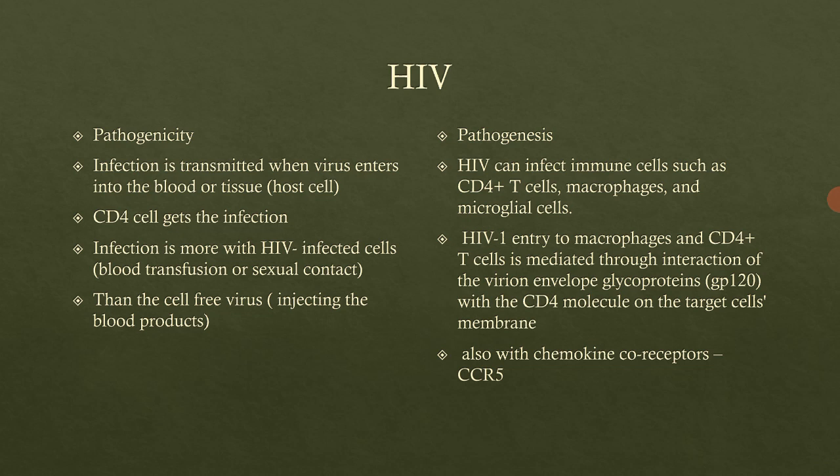Okay, so we will see the pathogenesis of this HIV virus. Now what is the pathogenesis? HIV can infect the immune cells, such as, as I mentioned, the CD4 cells, T cells. It can infect the cells which are responsible for our immunity, or which are responsible for phagocytosis or the defense mechanisms against the pathogen, and HIV infects those immune cells.